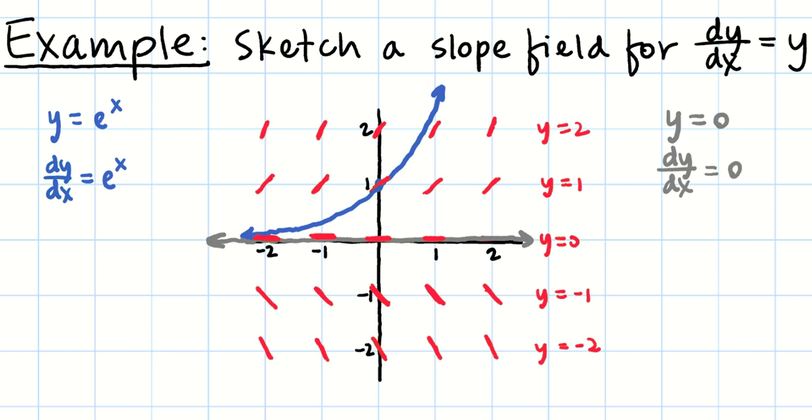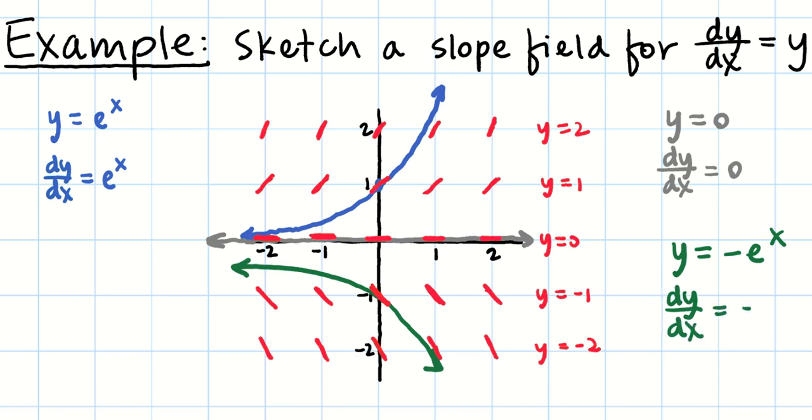And then down below the x-axis, and this is not as good of a curve, but whatever, I tried. y equals negative e to the x. Well, that would give you dy dx equals negative e to the x.